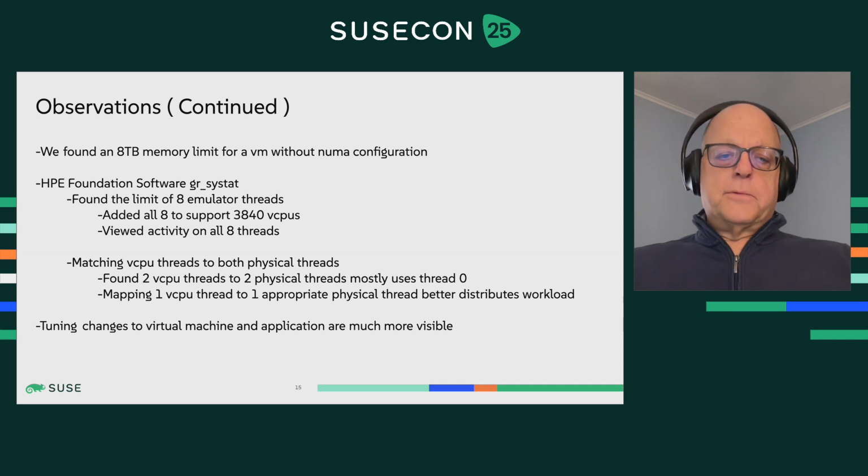We also found that initially, based on another document, we were allocating two threads on two different virtual CPUs to two threads on the physical CPUs, so they could use either one.